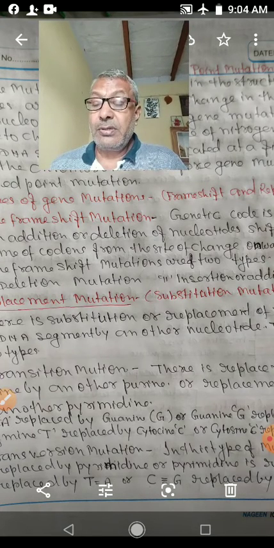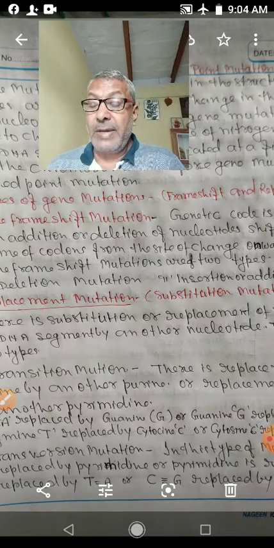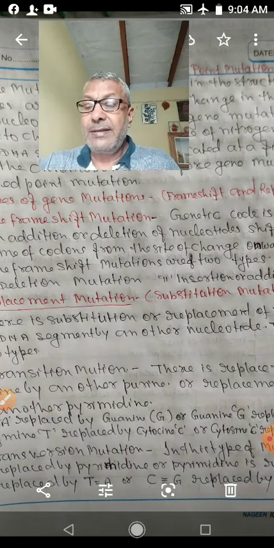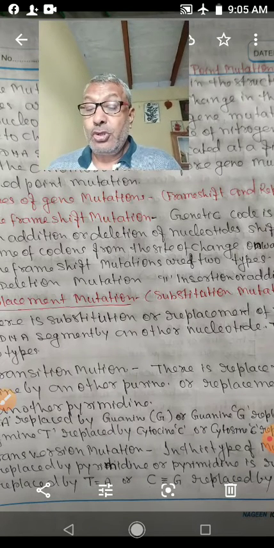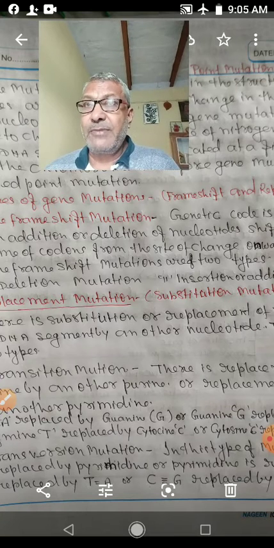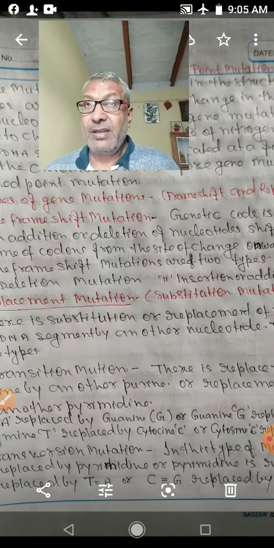Children, you know nucleotides are made of nitrogenous bases, pentose sugar and phosphoric acid. So replacement of a nucleotide means replacement of a nitrogenous base.